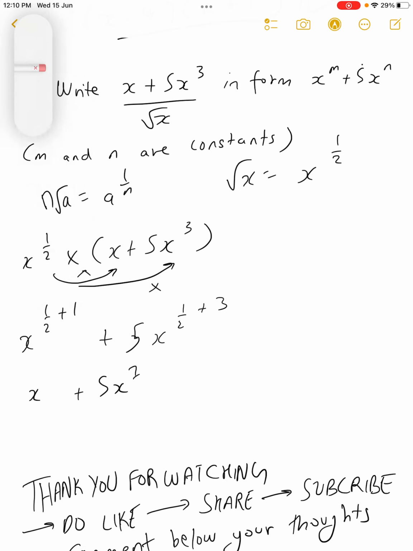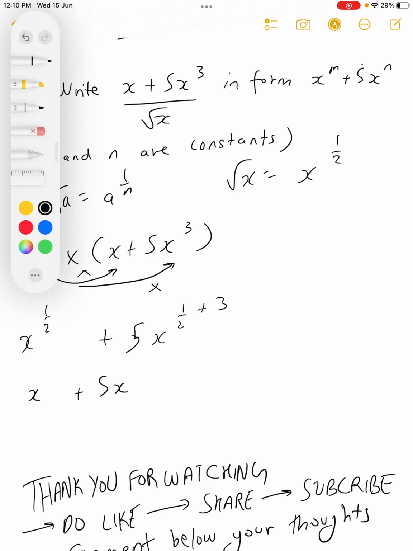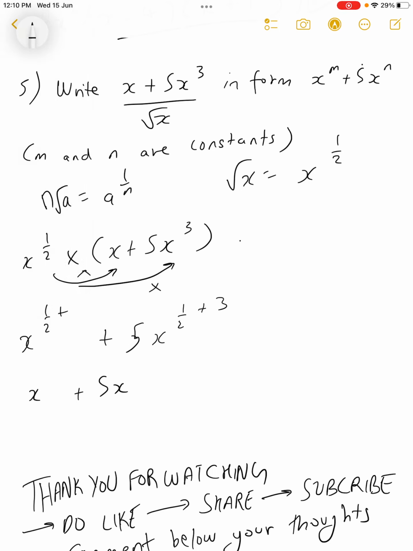Now the reason why you cannot leave this as 3 by 2, you have to understand that these things are negative. The reason why they're negative is because square root x is at the bottom of the denominator. So that's why it's negative, okay? Sorry guys, I had to write that down so that you understand. So you have minus half, and minus half plus 3 gives you 5 by 2. So the reason why we put the negative symbol is because square root x is at the denominator.